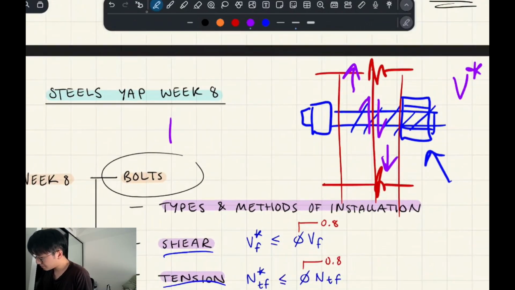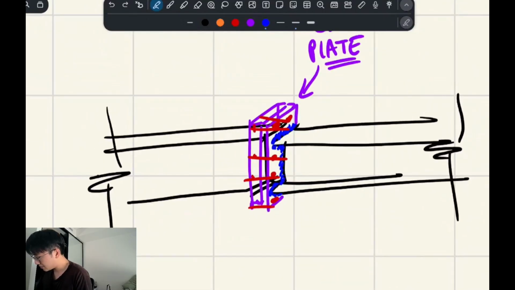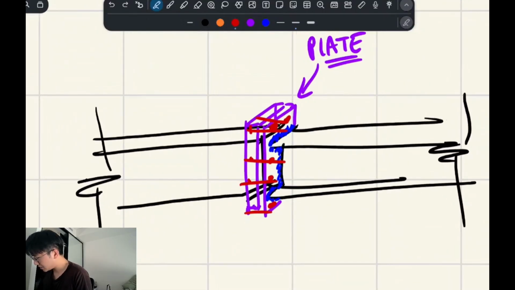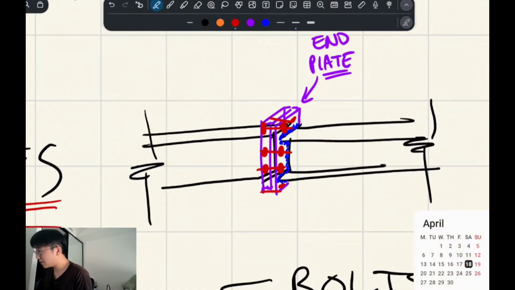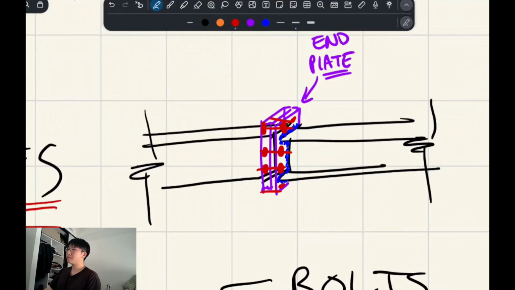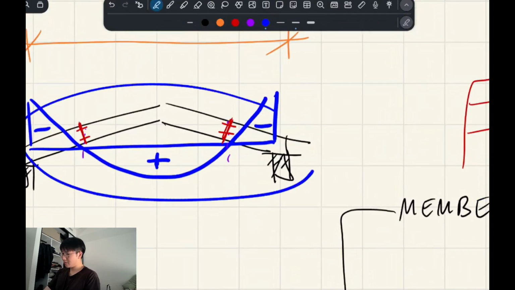The other type is, probably I'll just use this example here. These are axial bolts, because if this undergoes tension or compression, which we know is the case for a beam, say that's the bending moment diagram.